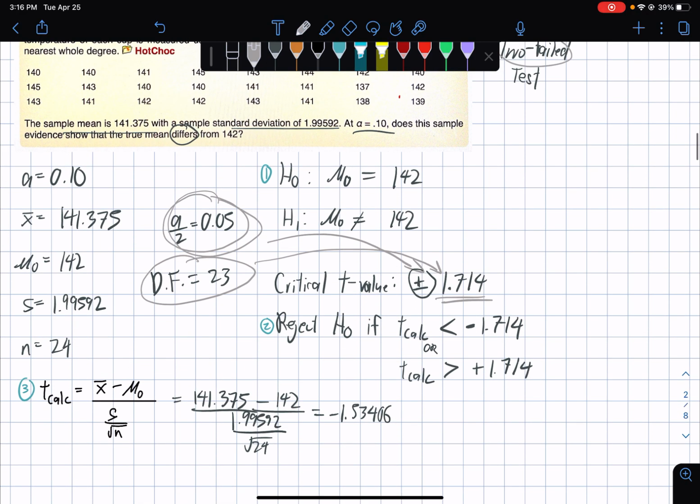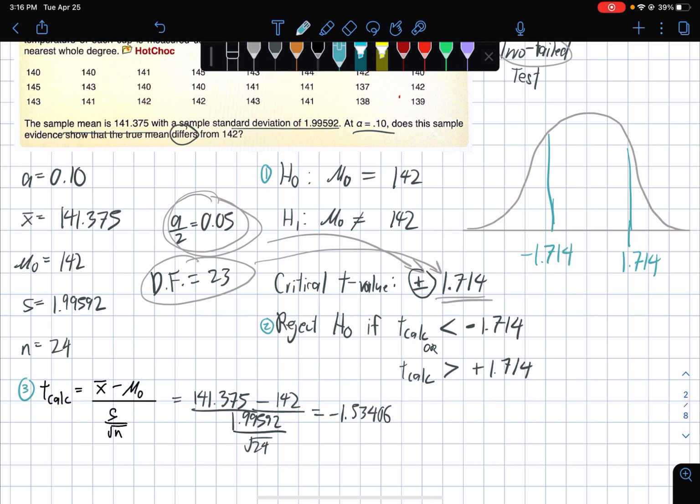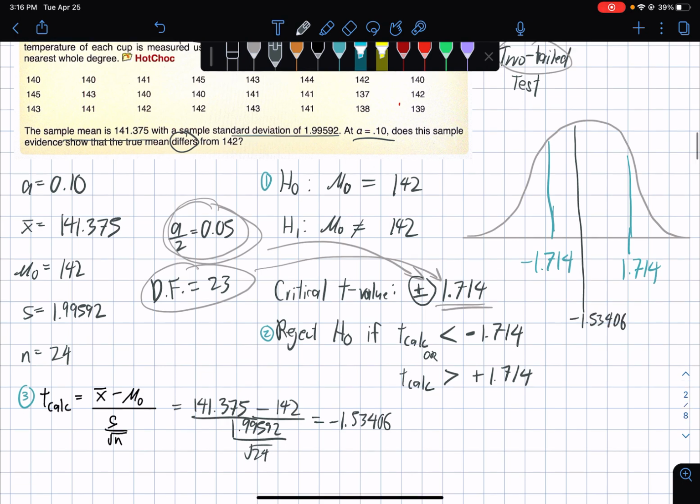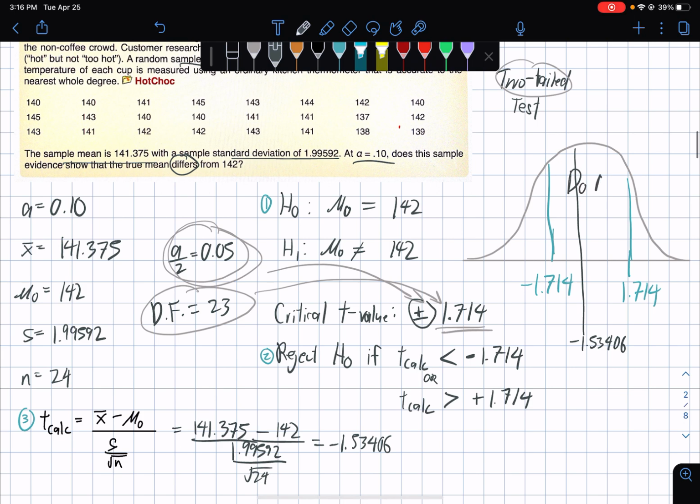Let's make a tiny graph again. Visualization lang. So we have positive negative 1.714. Let's say this is positive 1.714. Dito banda is the negative 1.714. Negative 1.534 is over here. In a two-tailed test, this region is do not reject.